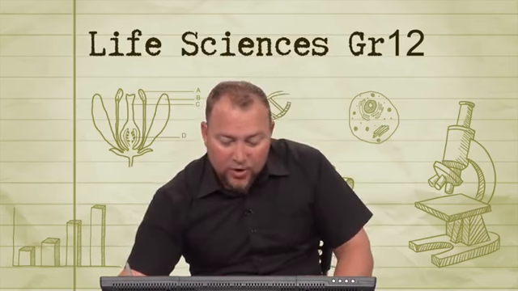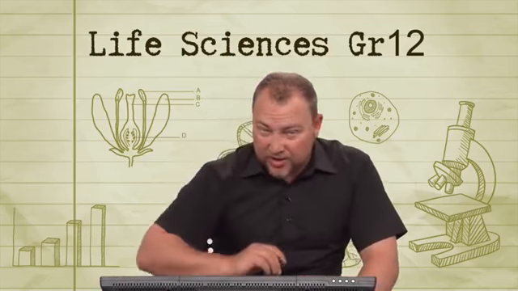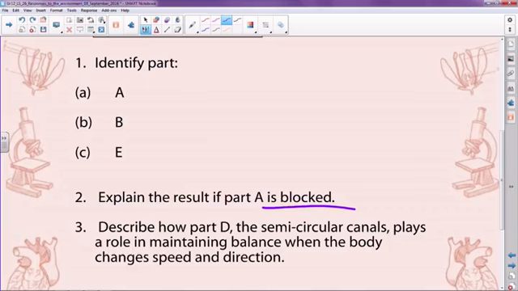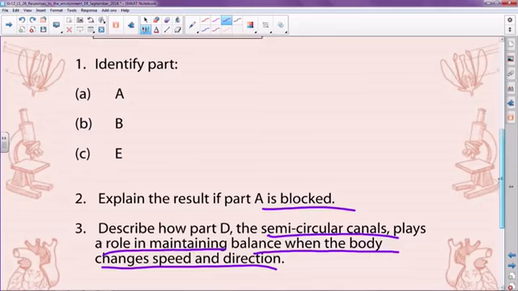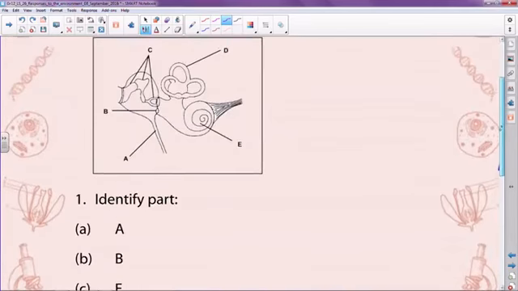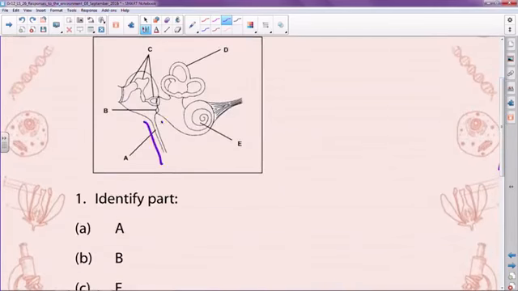The next one, explain the results if part A is blocked. And then the last one, I'm going to give you more than a minute for this one. Explain what happens if part A is blocked, and then describe how part D, the semicircular canals, plays a role in maintaining balance when the body changes speed and direction. So listen carefully. Part A is this piece here.